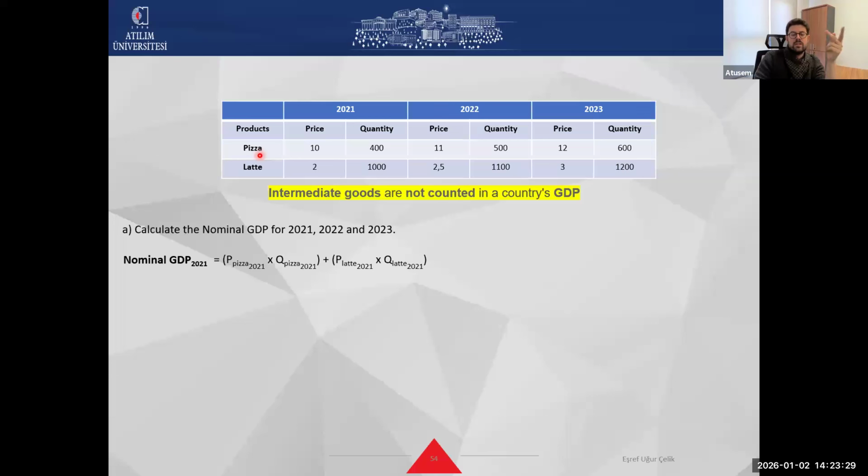The value calculation is easy: price multiplied by quantity, for pizza and for the latte, using the year they asked, so 2021 for price and quantity. So 10 multiplied by 400, plus 2 multiplied by 1000.